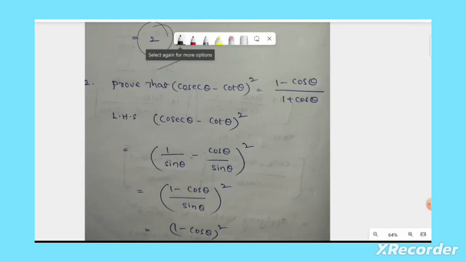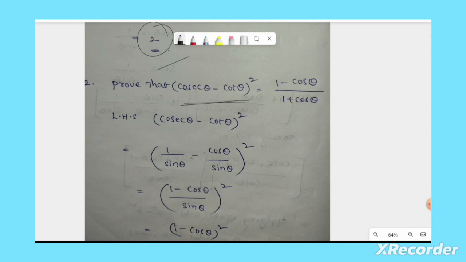The second question is: prove that (cosecant theta minus cot theta) whole square equals (1 minus cos theta) by (1 plus cos theta). The question itself asks us to prove, so whatever the given LHS is, we should try to write it in terms of sin and cos.